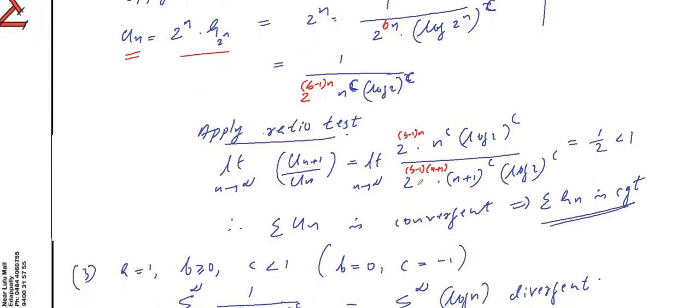When you simplify, this 2 to the power (b minus 1) n will be cancelled from both numerator and denominator, and here you will get 1 by 2 to the power (b minus 1). See that?